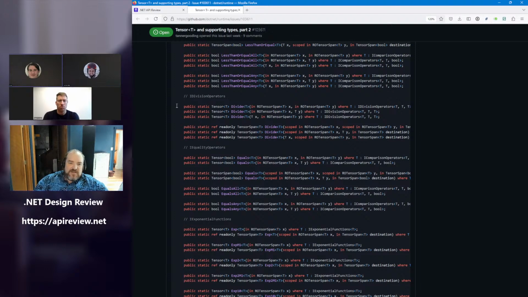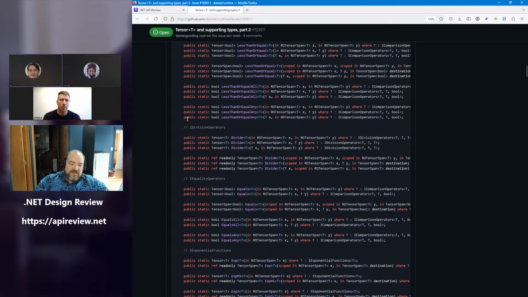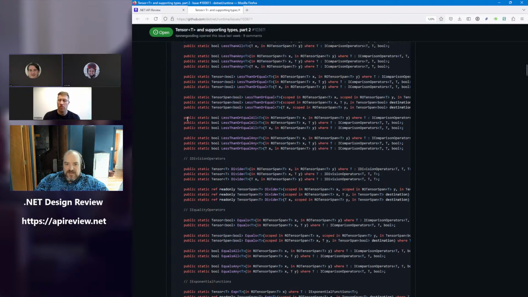The implementation for all of these actually boils down to a very small amount of code, because we're utilizing tricks like static abstracts and interfaces and generic specialization to ensure that all of them go down to the same core function. Right, and I presume these two are actually going to be implemented as not the greater than version.